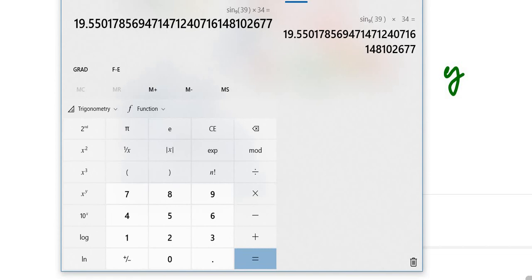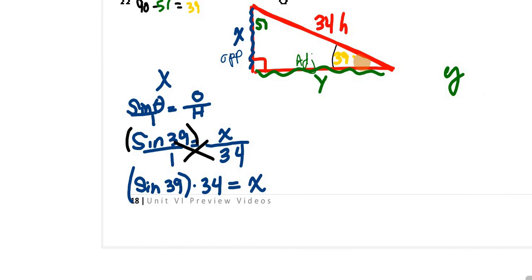That's 19.55. So X equals 19.55. Now we're going to go for Y.